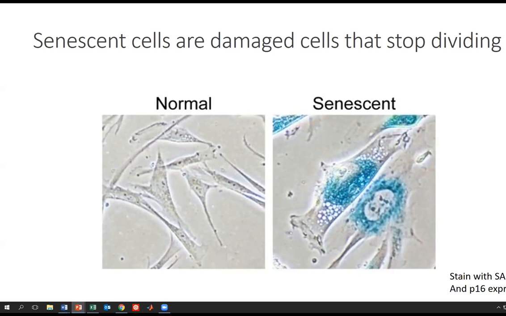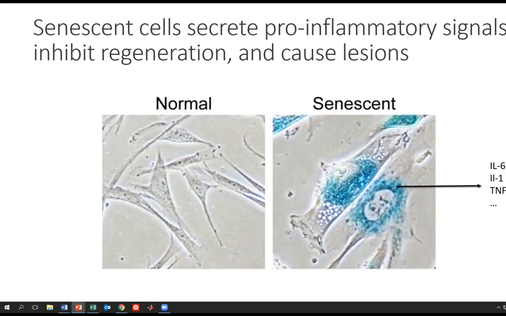These are cells that become damaged and stop dividing, and they have very important roles in wound healing. So they probably evolved so that when you have damage, cells don't commit apoptosis, you don't get a hole. They just become senescent, and then they call in the immune system to remove them. So they're important for wound healing, and they indeed secrete inflammation factors and also factors that slow down regeneration to help healing.